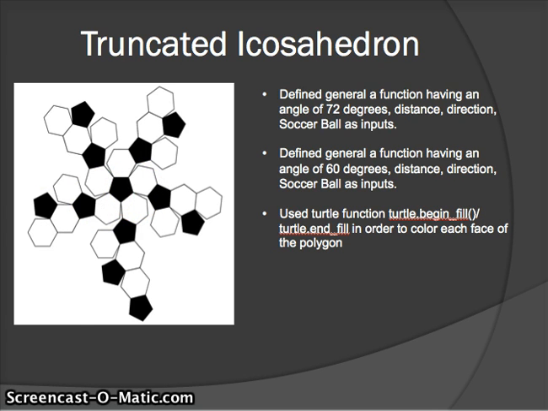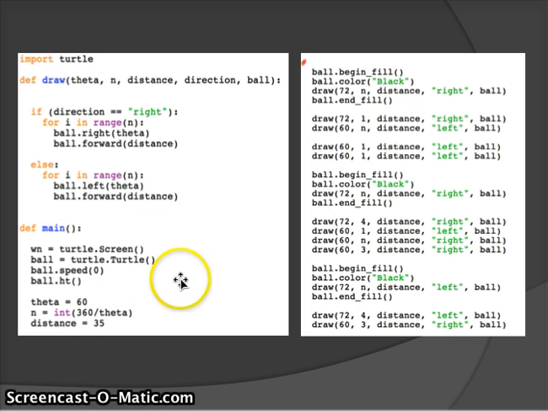So if you take a look at my sample code, I only defined the function for the pentagons, and then I just entered a different angle degree for the hexagons. Therefore, Turtle will read it as drawing a hexagon instead.